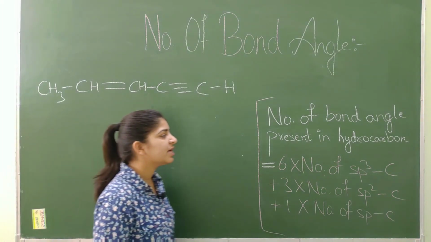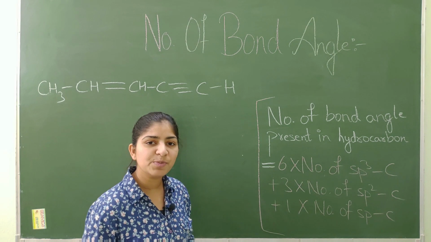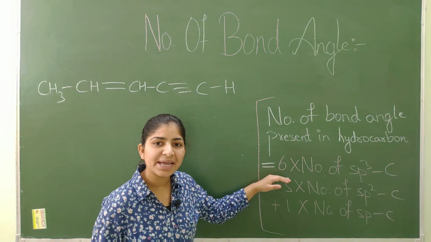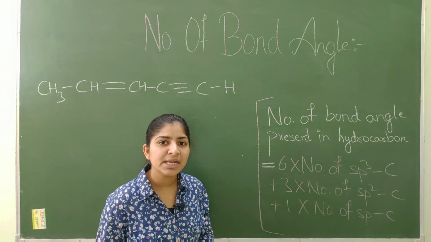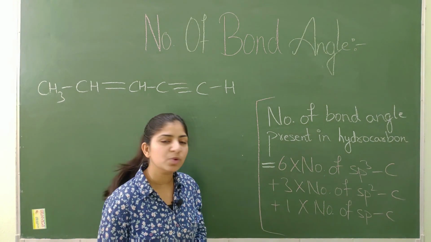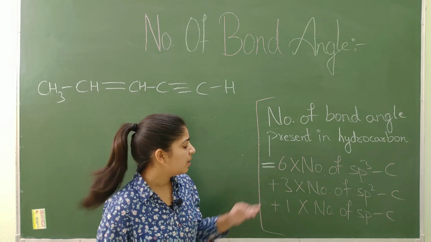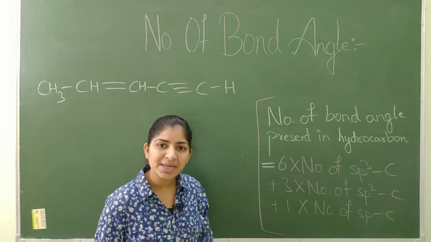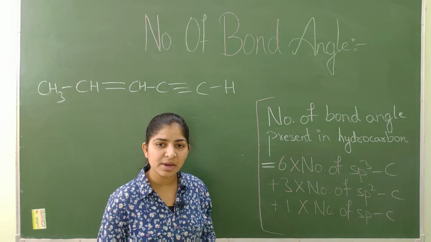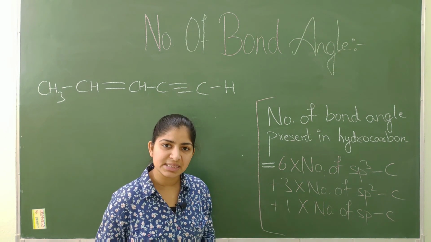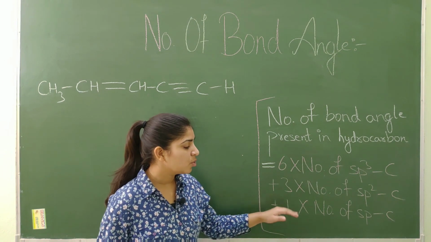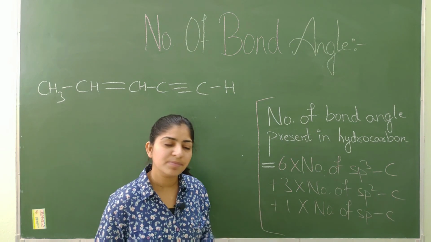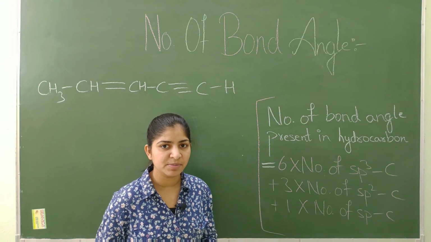So there is one formula: number of bond angles present in a hydrocarbon equals number of bond angles present in one sp3 carbon into total number of sp3 carbon, plus number of bond angles present in one sp2 carbon into total number of sp2 carbon present in the chain, plus 1, that is number of bond angles present in one sp carbon into total number of sp carbon.